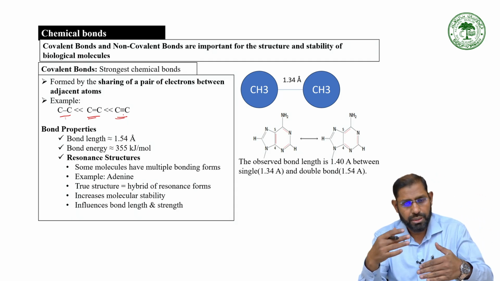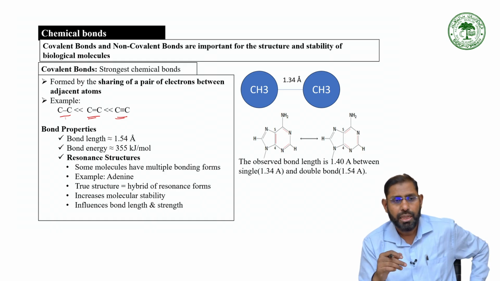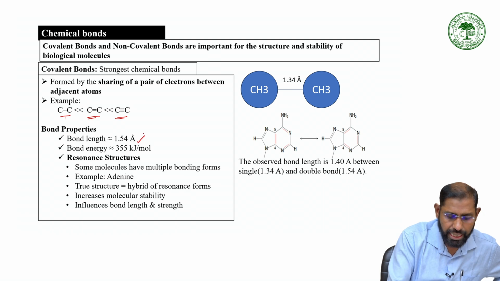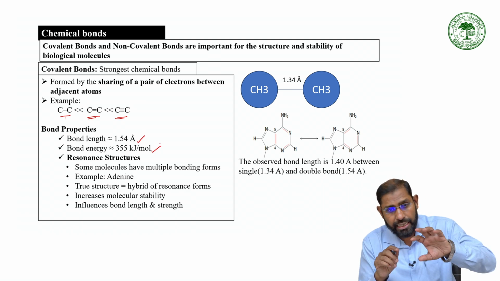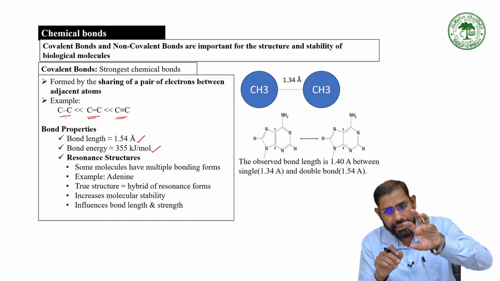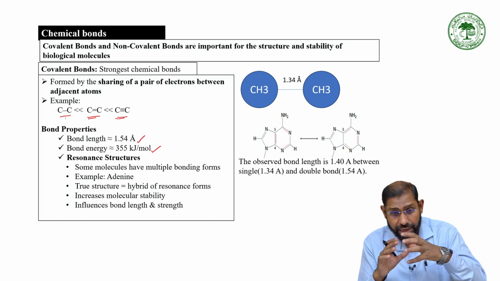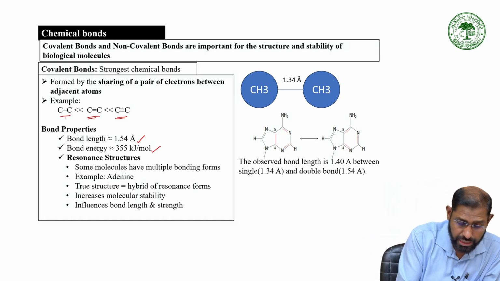So the triple covalent bond is stronger than the second and first. The bond length is 1.5 angstrom, and the bond energy is 350 kilojoules per mole. Normally in the DNA, especially adenine, the bases are in resonance forms.